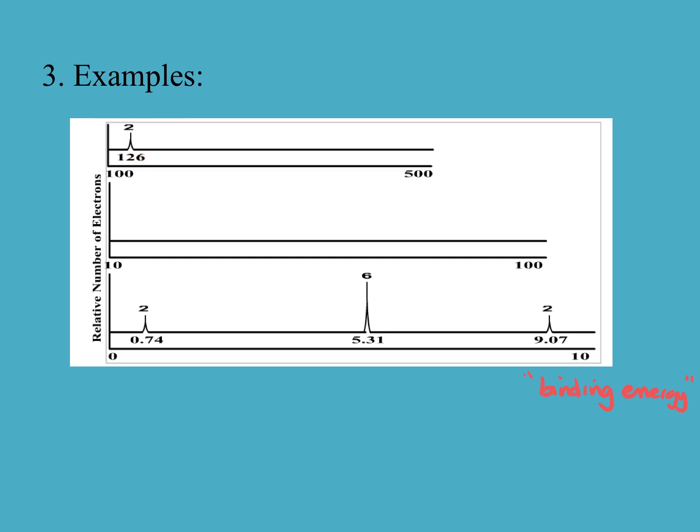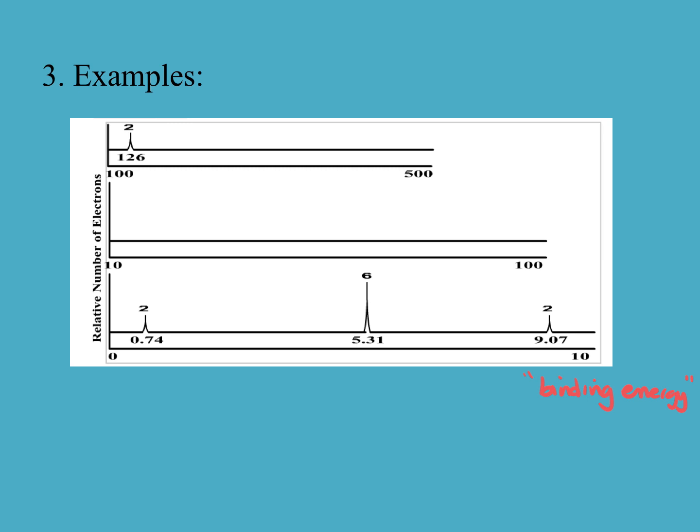So the scale is distorted a bit. This is from 0 to 10, and 10 to 100, and 100 to 500. The units can be something like megajoules or joules, but we don't have to worry about it right here.